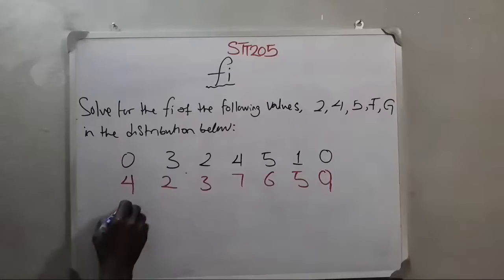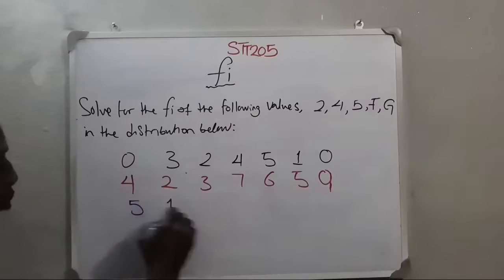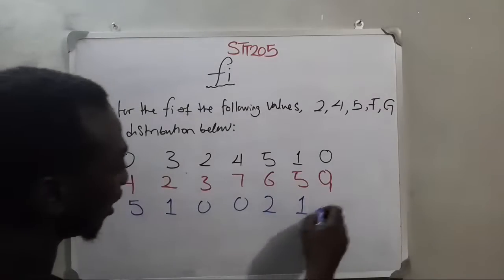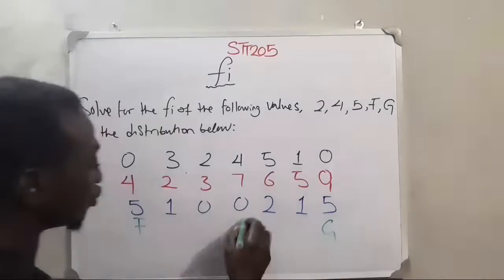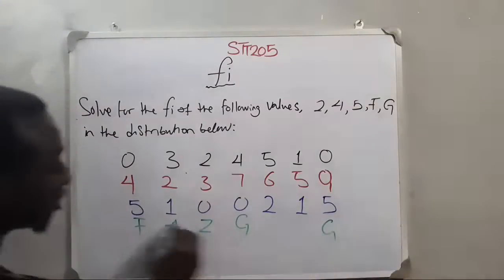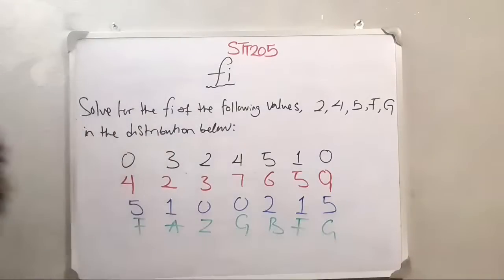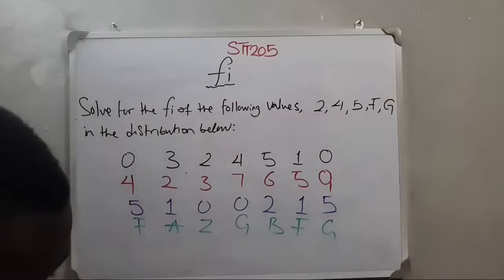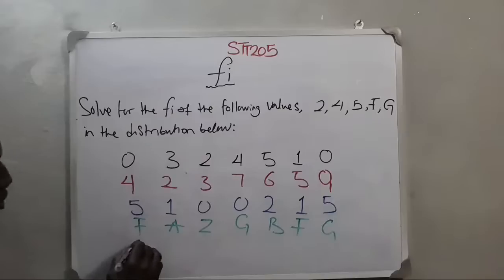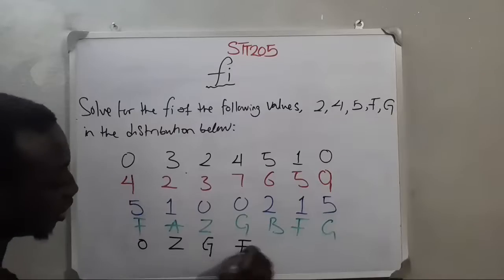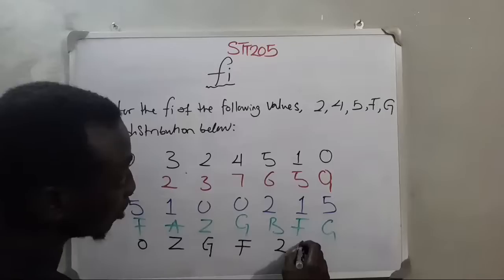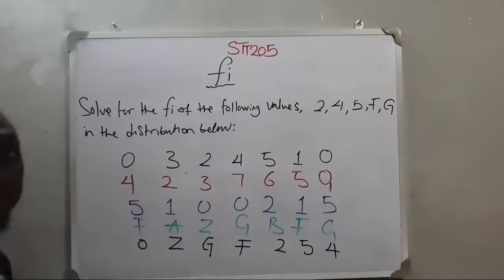Then we have 5, 1, 0, 0, 2, 1, 5. And we have F, G, G, Z, A, B, and F. And we have O, Z, G, F, 2, 5, and 4.